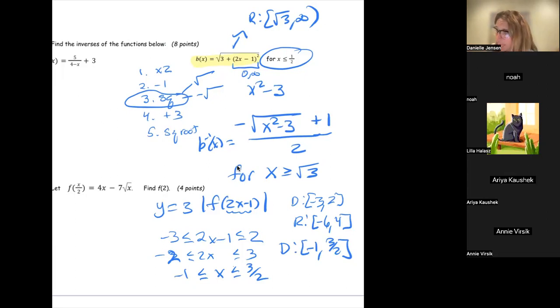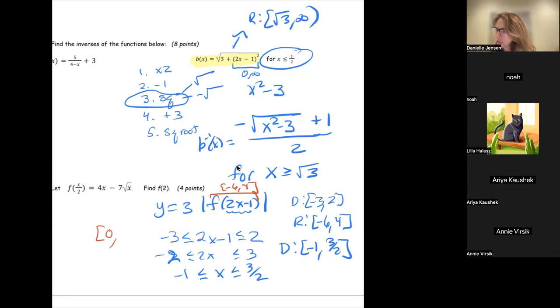So what's coming out of this function before I do the absolute value in y is still going to be -6 to 4. Absolute value in y means all y values that are 0 or positive are not going to change, but any negative y values now become positive. So what is now the smallest y value? 0. And what's the new high? 12.